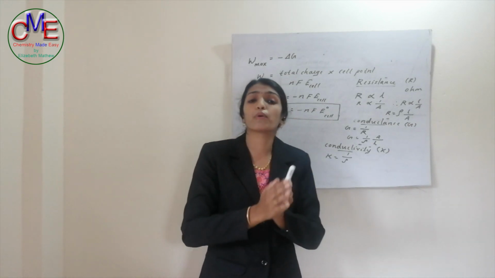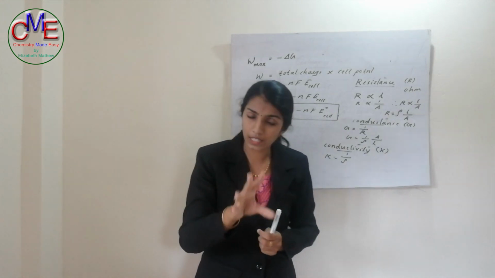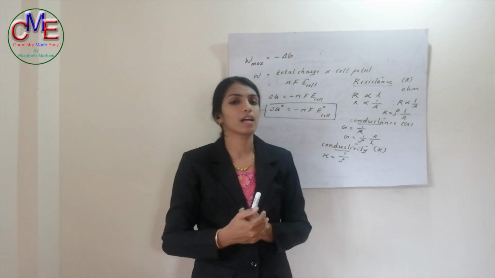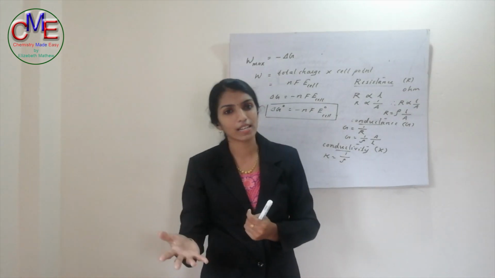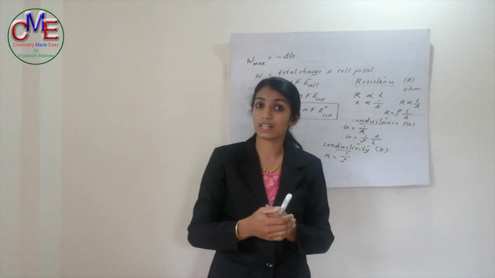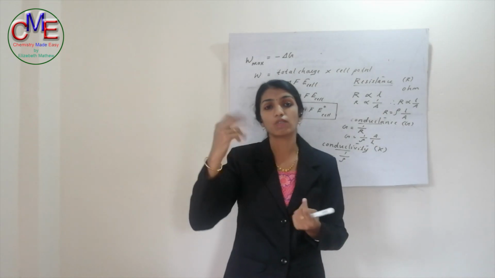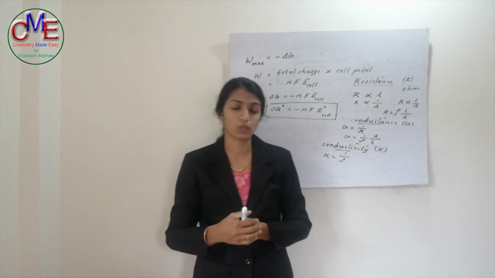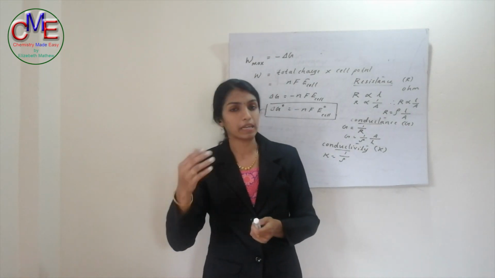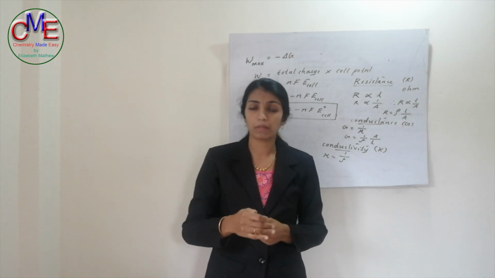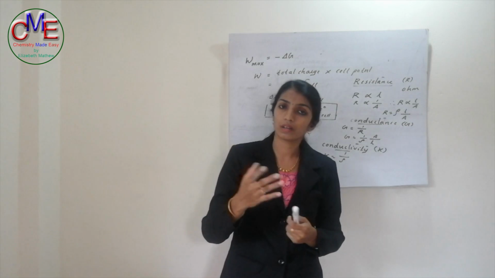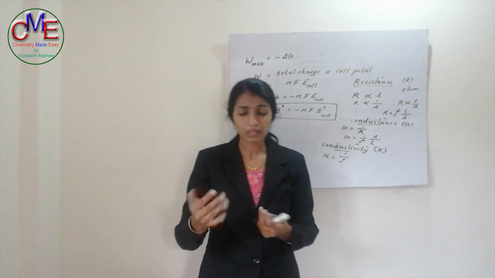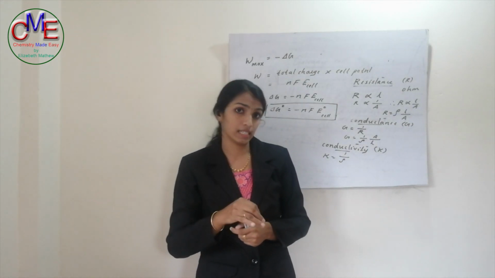Depending upon the magnitude of this conductivity value, substances are classified into conductors, semiconductors, insulators, superconductors, etc. If the conductivity value is very high, that substance is known as a conductor. Metals are good conductors. If the conductivity value is very low or 0, that is known as an insulator.